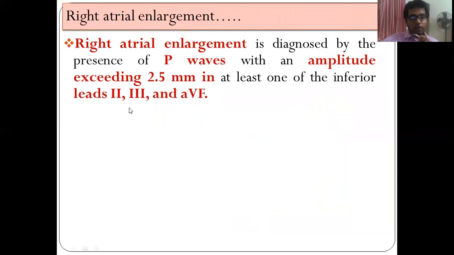Now, just for recapitulation, here you can see the right atrial enlargement is diagnosed by the presence of a P wave with an amplitude exceeding 2.5 millimeter in at least one of the inferior leads, either 2, 3, and aVF. Is it clear? That is called the tall P wave. It is known as P pulmonale.